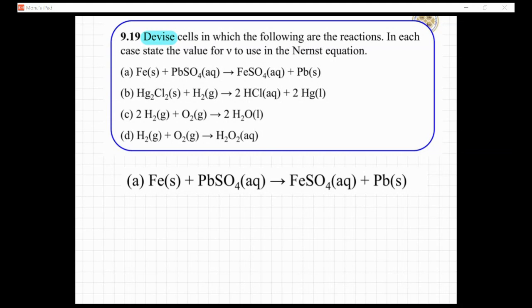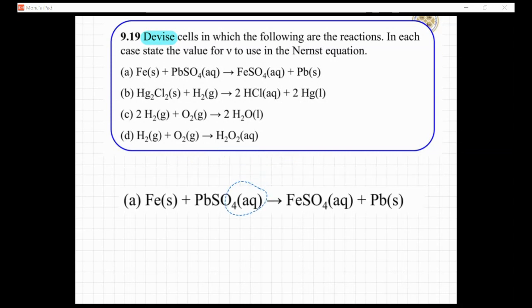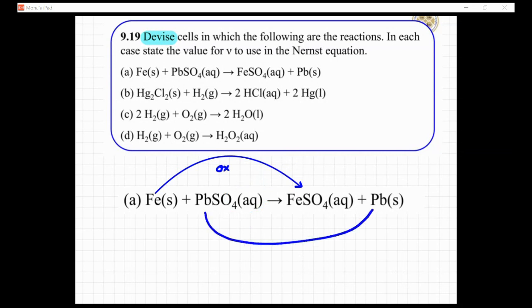Now, I will start by writing the reduction half reactions. Of course, you could see that this is Fe, and it is converted to that. Let me just move it down here. So this goes down here, and I have Fe converted to this one here. It means this is oxidation, and this is going to be the reduction.